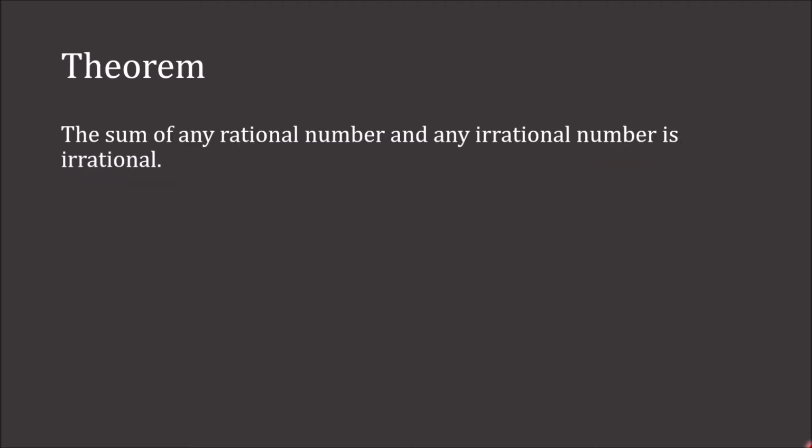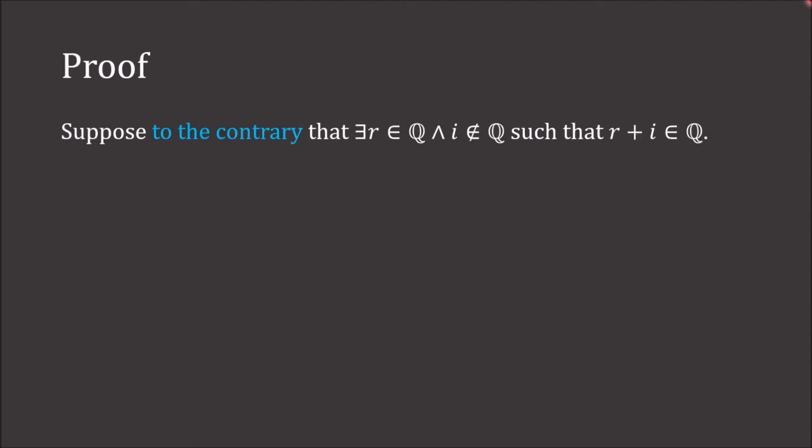So another one, we're going to prove that the sum of any rational number and any irrational number is irrational. So we suppose, to the contrary, that there is a rational r and an irrational i, such that r plus i is rational.